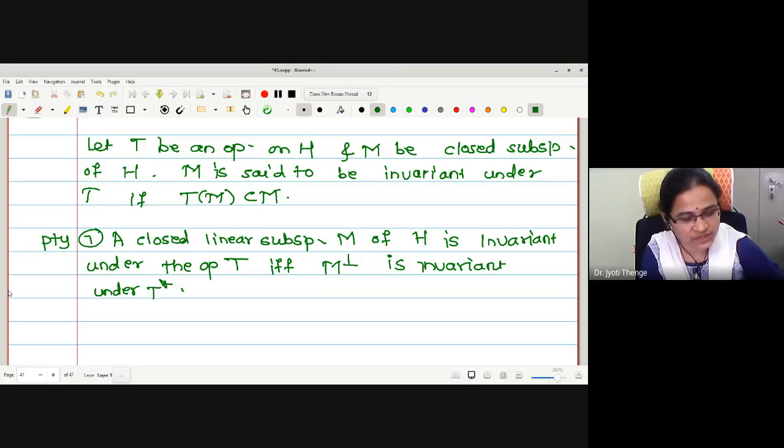Three more properties we have. I suggest students go through those two or three remaining properties.